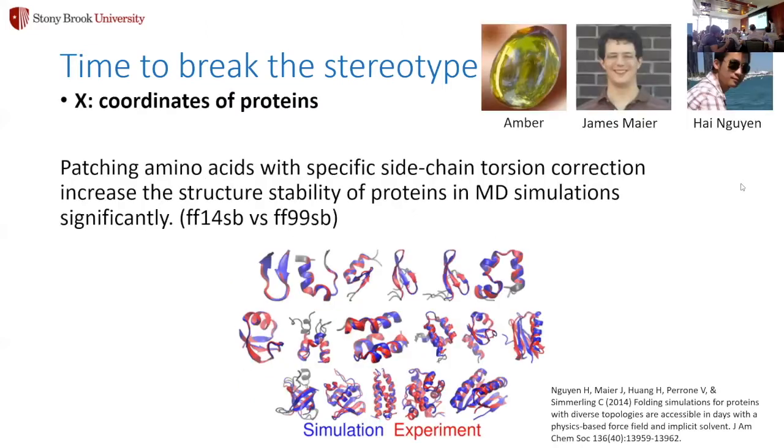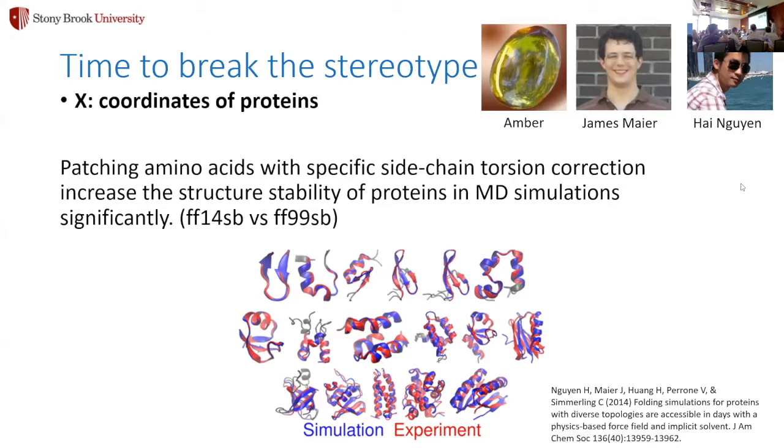One example is the protein structure. In our lab, we develop the Amber force field. James Maier is the developer of 14SB. He and Hai conducted long-time simulations in implicit solvent without restraint, and they can fold a lot of proteins on their own.